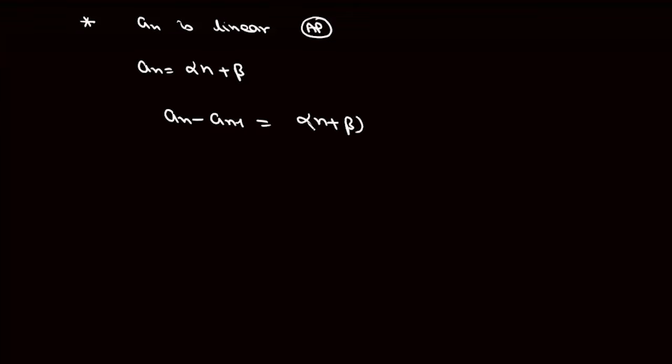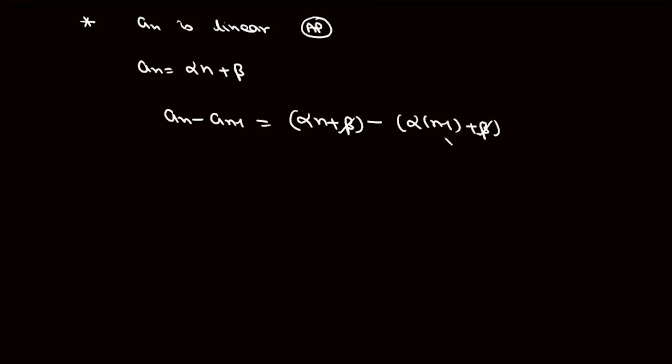Now if an is linear, we know that it's an arithmetic progression. So suppose we have an as some alpha n plus beta. Now if we look at an minus an minus 1, it will be alpha n plus beta minus alpha (n minus 1) plus beta.